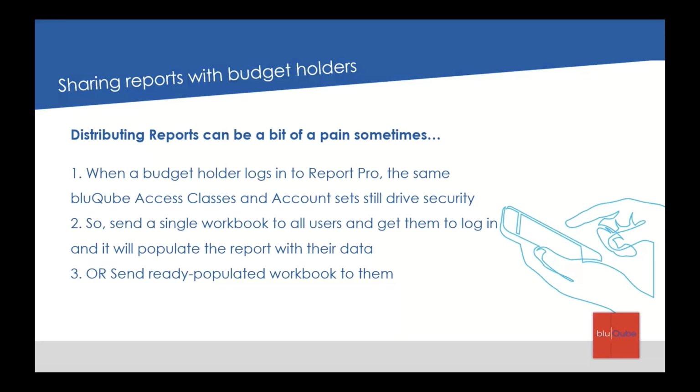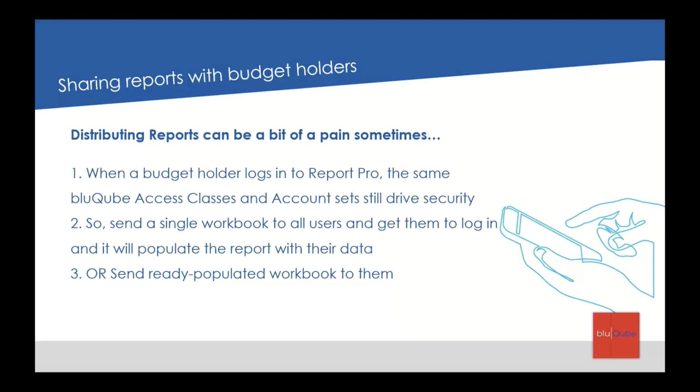So it would be possible to send a single workbook to all users, perhaps a completely blank one, and get them to log in, and it will repopulate the report with their data, as driven by the account sets and access classes. You'll only see the stuff which is within your account sets.